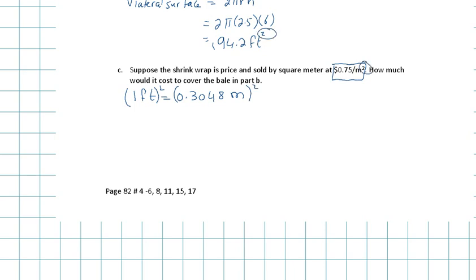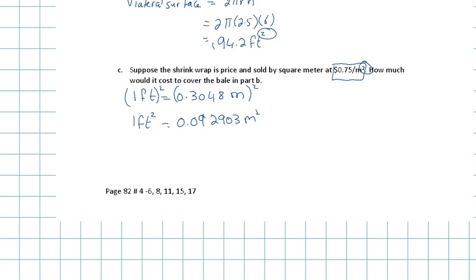So 1 square foot equals, what's 0.3048 squared? 0.0929. Can you guys confirm that number? Yeah, 0.092903.